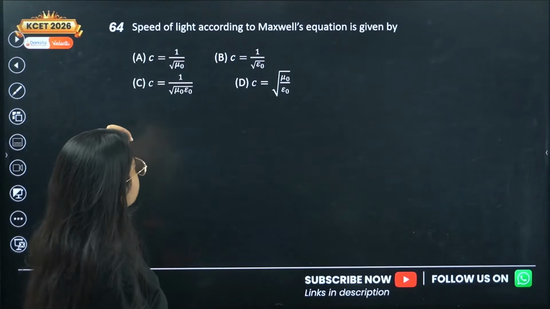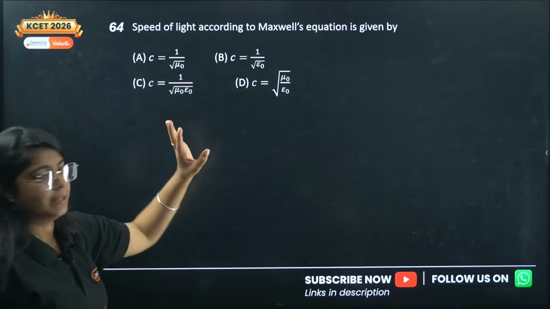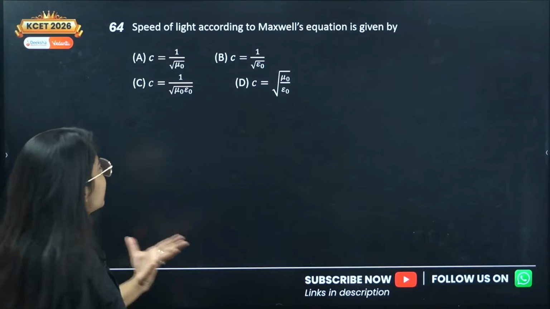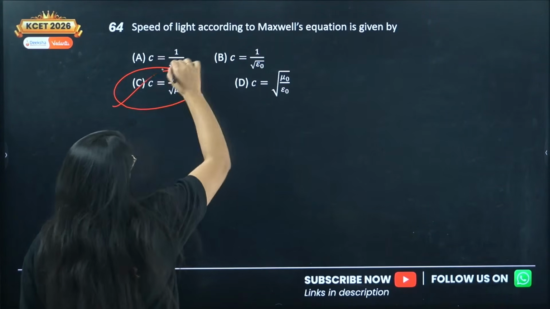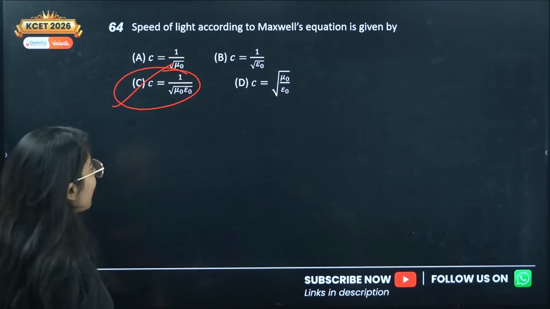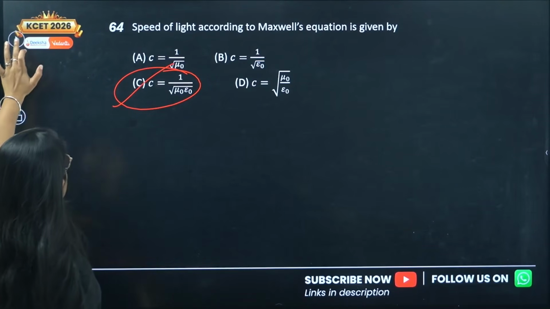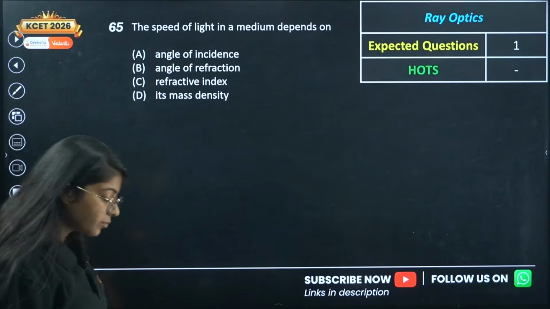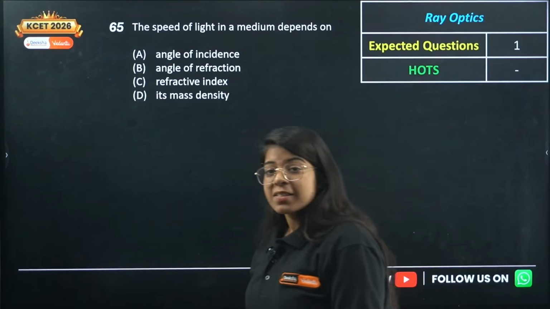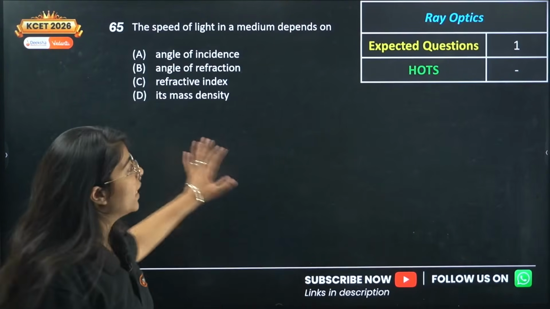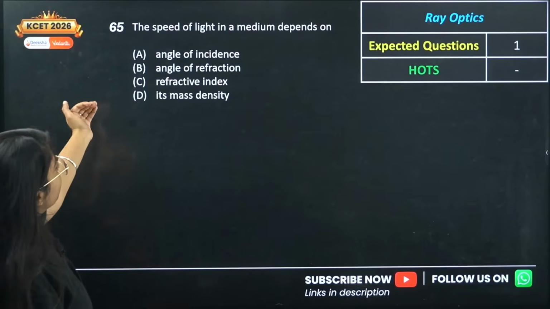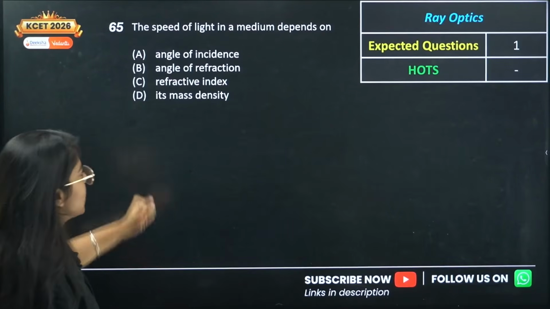64th question, very easy. Speed of light according to Maxwell's equation is given by, ma'am, this is very simple. Just don't waste our time. This is inverse of the root of mu naught and epsilon naught. 65th question, and we are moving on to the chapter ray optics. The speed of light in a medium depends on angle of incidence, angle of refraction, refractive index, its mass density.